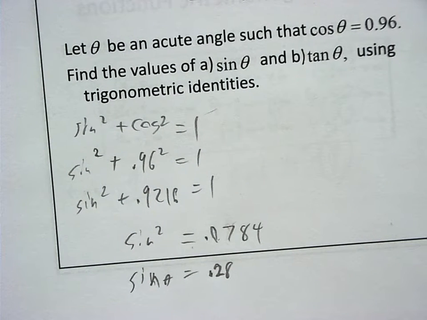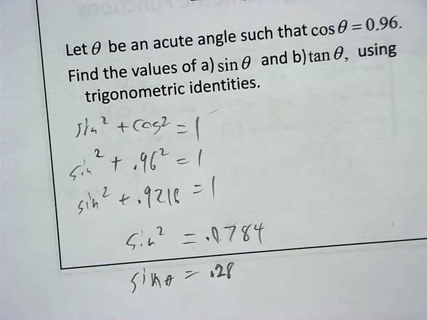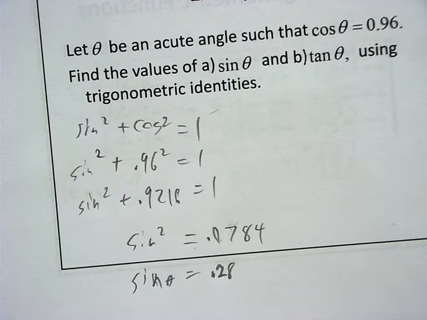Because square root means plus or minus, but I can't have both in this case. Why? You can't have a negative length on a triangle, but this isn't talking about a triangle. This is just talking about those numbers. You can have a negative sine value. So what is it then? It's the type of angle that says this one is acute.